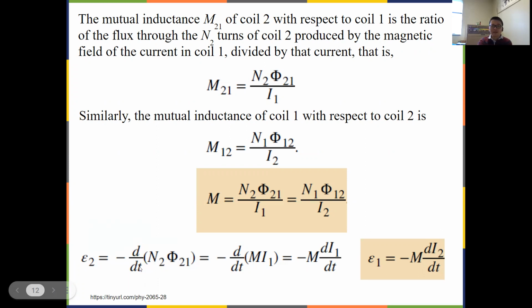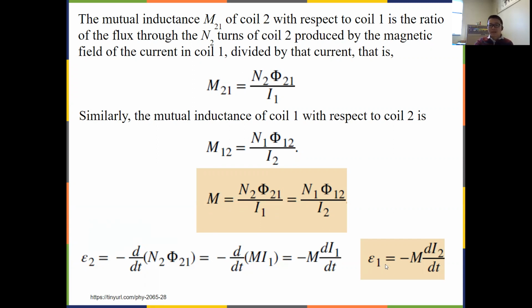Because N2 phi 21 is equal to M times I1, that is equal to minus d over dt of M I1, which is equal to minus M dI1 over dt. That refers to the change of the current in the first one.